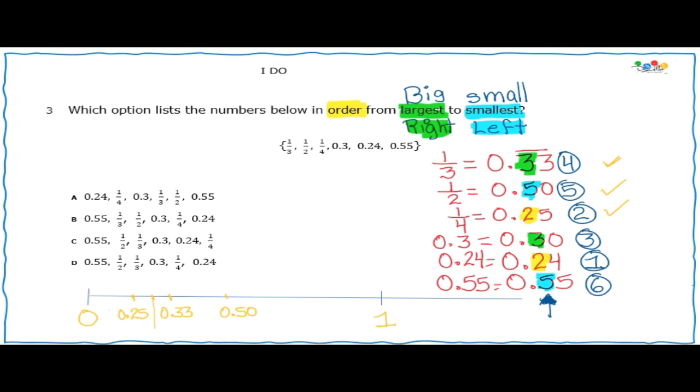So I'm going to put a line right here. That's 30 cents. Done with that. 24 cents will be more to the left of 25 cents. I'm going to bring it down here. And the last one is 55 cents, which will be right to the right of 50 cents.